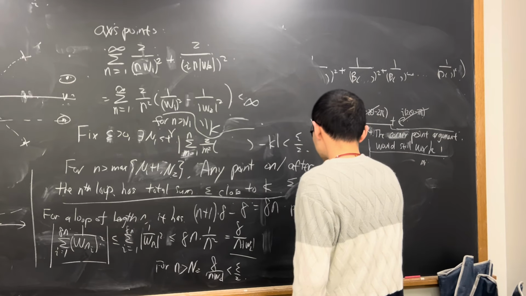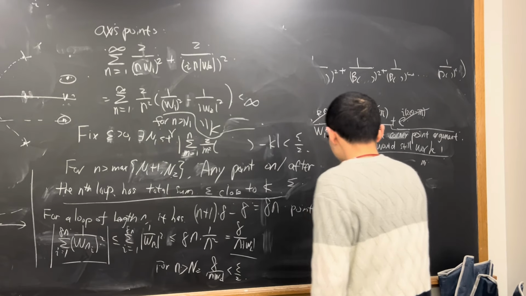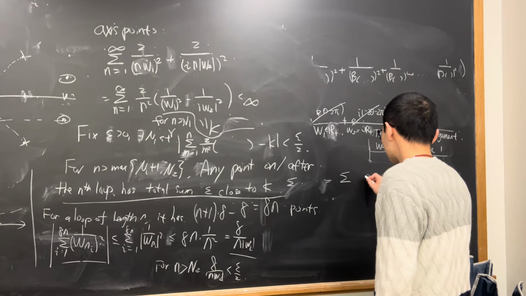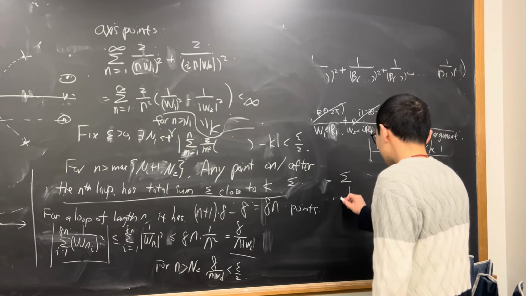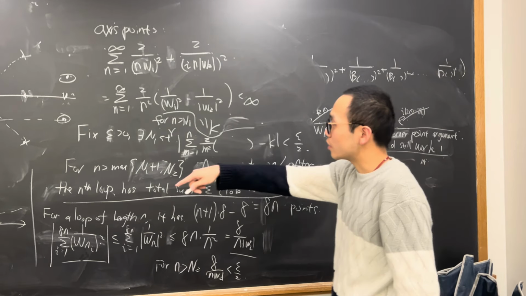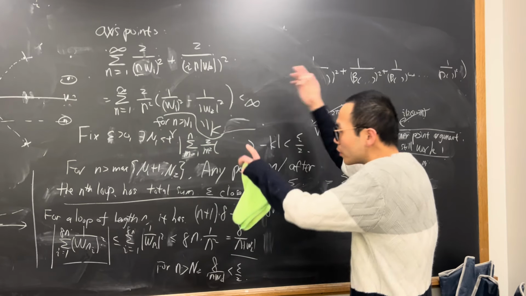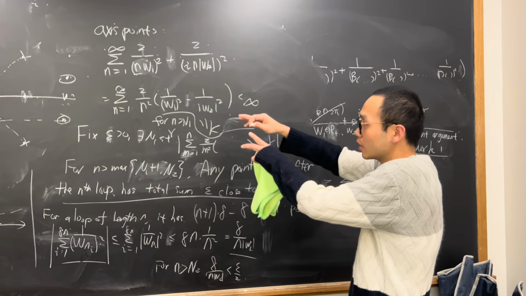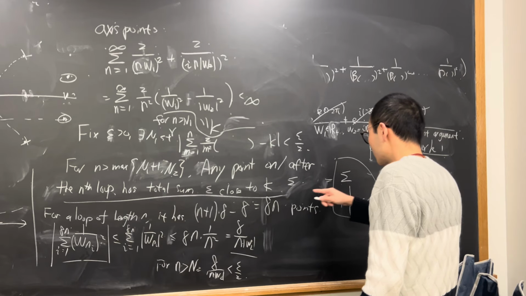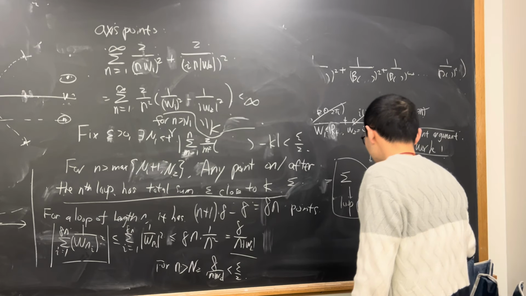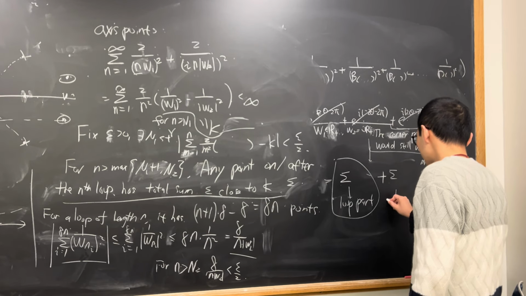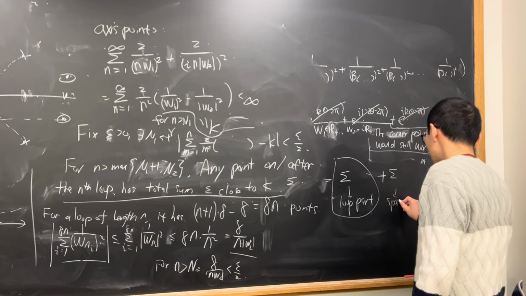The sum breaks into two parts. One part is the loop part, taking over the whole loop, because we can always find a closed loop that is contained in the sum as one part of the sum, and then plus the spare part, or the remainder part.